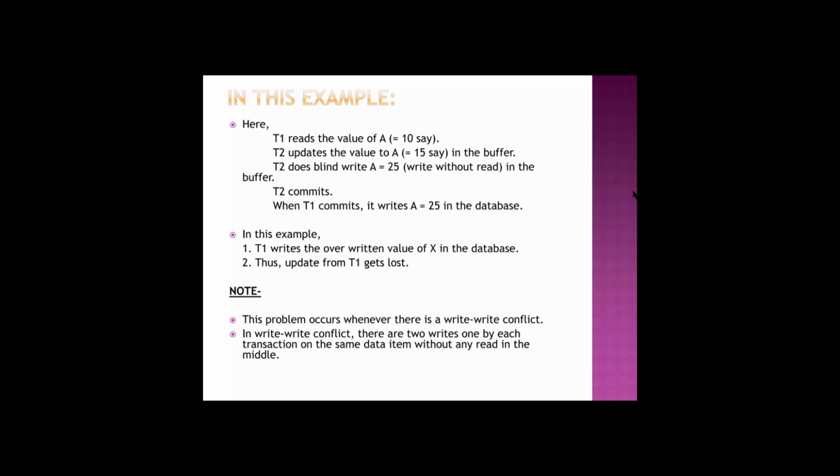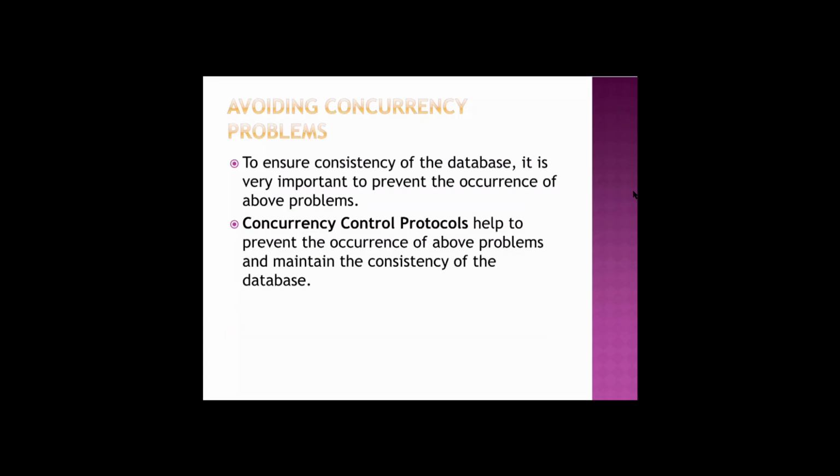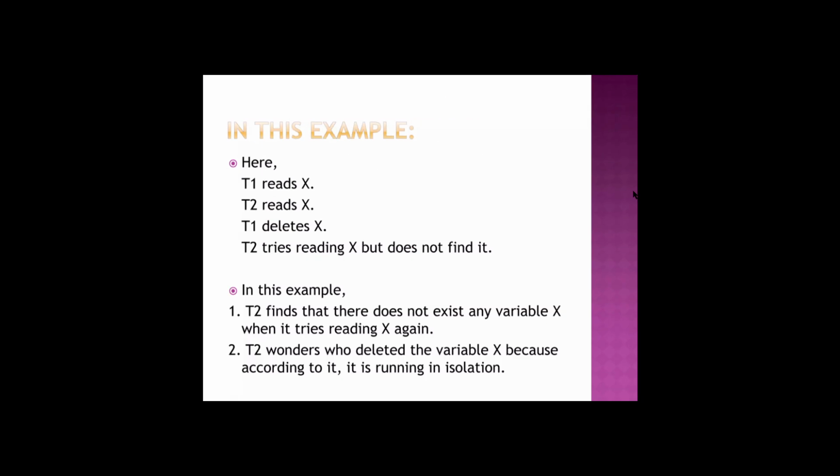In this example, T1 writes the overwritten value of X in the database, thus updates from T2 get lost. This problem occurs whenever there is a write-write conflict. In a write-write conflict, there are two writes, one by each transaction on the same data item without any read in the middle. So these are the four concurrency problems that we studied.